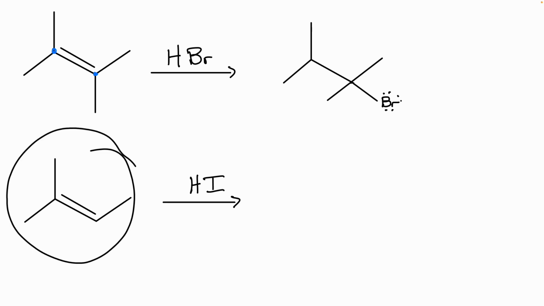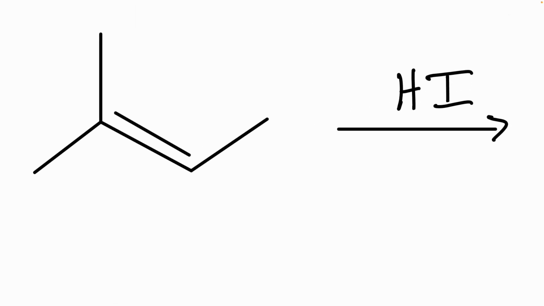Cool, but now this one we have an asymmetric alkene. So are we going to get two products or are we still just going to get one product? We are only going to get one product here, all right? Why is that? Because of that regioselectivity business. I'm going to look on one side of my double bond and say, what's the degree of substitution here? How many neighbors does that carbon have? 3.